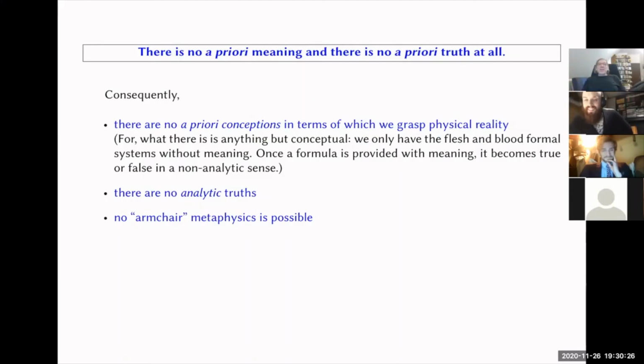It is not true that we have some a priori scheme of conceptions in terms of which we grasp the physical world, or experience the physical reality.